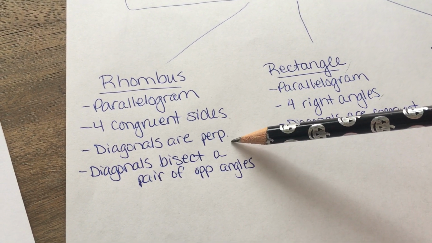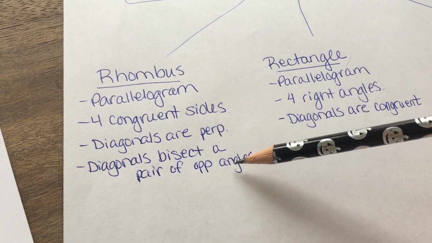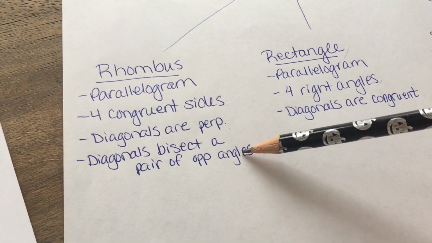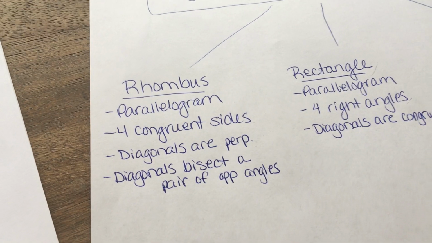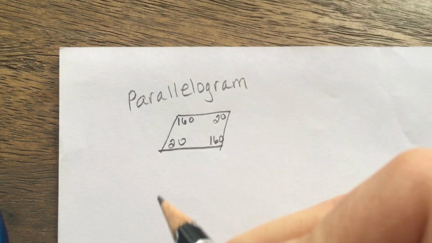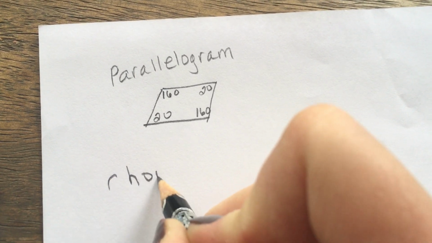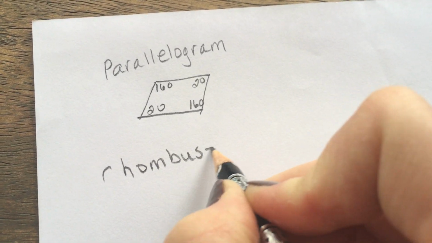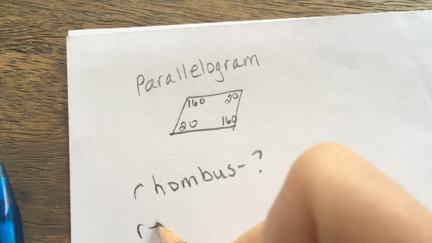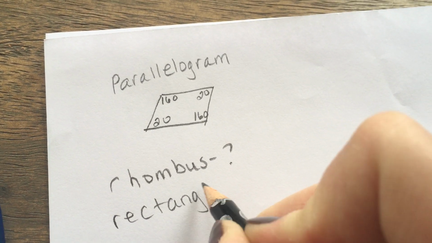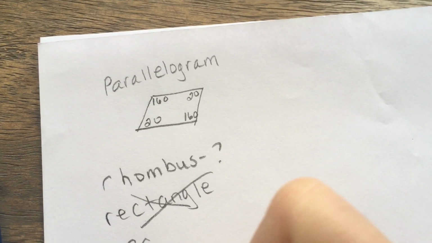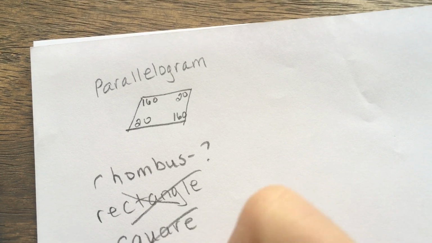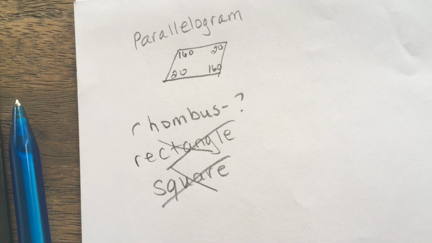We don't know if its diagonals are perpendicular. And we don't know if the diagonals bisect a pair of opposite angles. So all we can do is say it might be a rhombus. We know it is not a rectangle, and we know it's not a square. But we cannot say for sure that it's a rhombus.